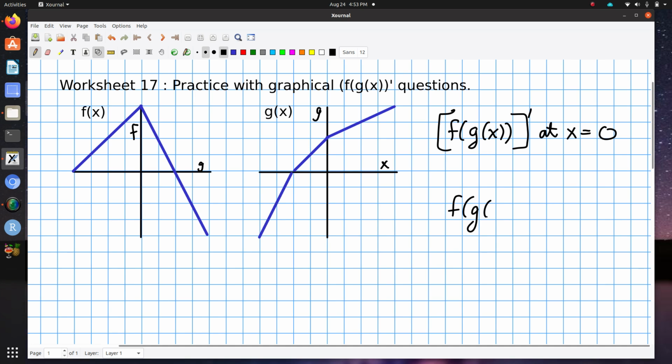F of g of negative 2 is also 0, but the derivative here doesn't exist. So even though the function is continuous, it is not differentiable at these points that I'm circling. They're not discontinuous, but they're also not differentiable. They are continuous, but non-differentiable at those points.